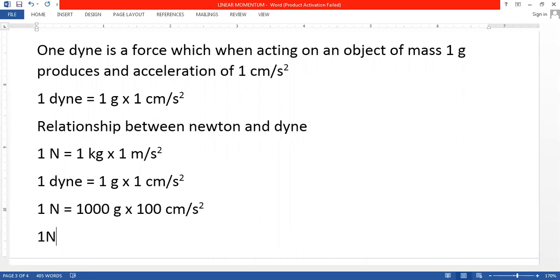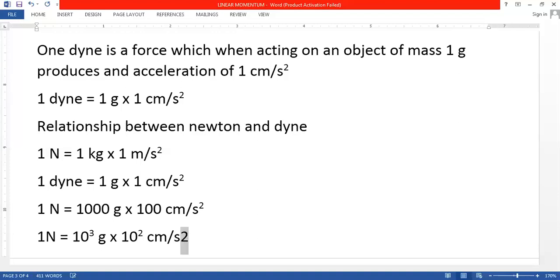1 Newton is equal to 1000 gram. 1000 is how much? 10 raised to 3. 10 raised to 3 gram into 100, which is 10 raised to 2, centimeter per second square.